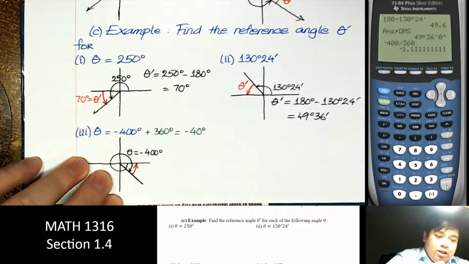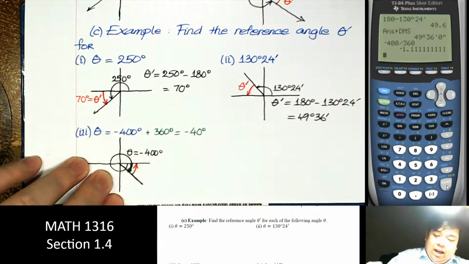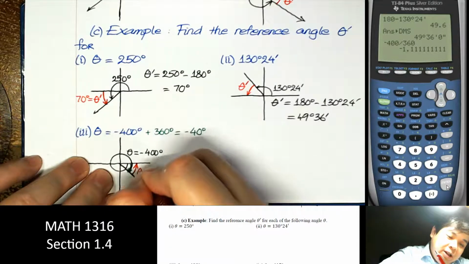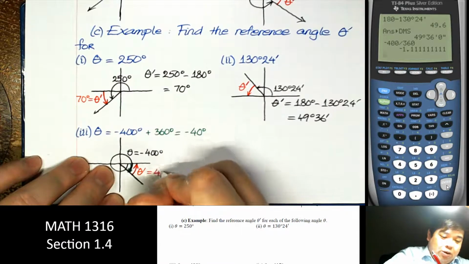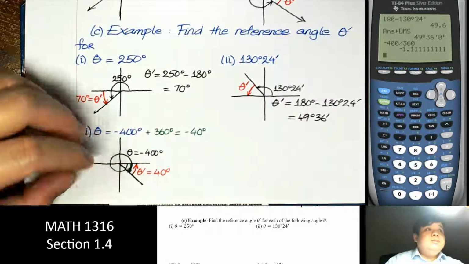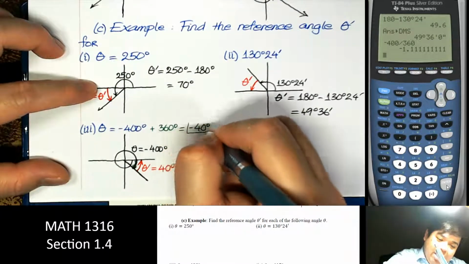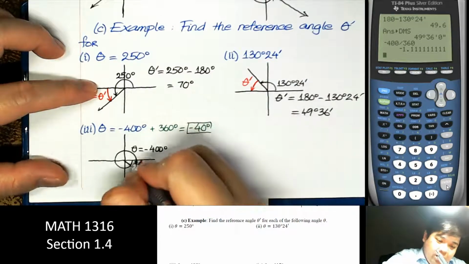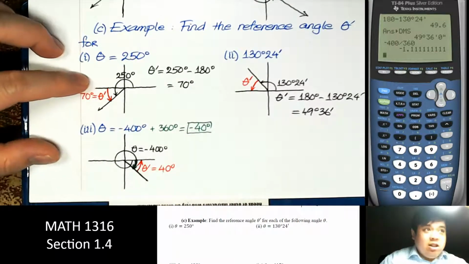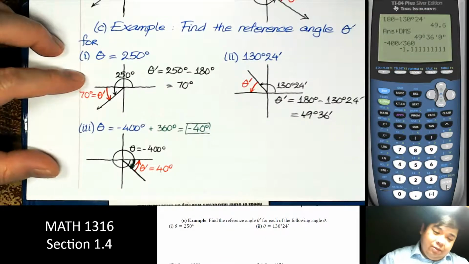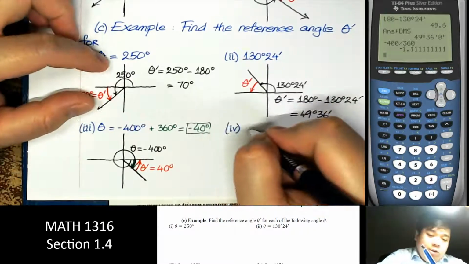Negative 40 degrees, of course, will be just this part here, and so theta prime is also that much, so theta prime is 40 degrees. So the coterminal angle is negative 40, which is this, and reversing that, we have theta prime.